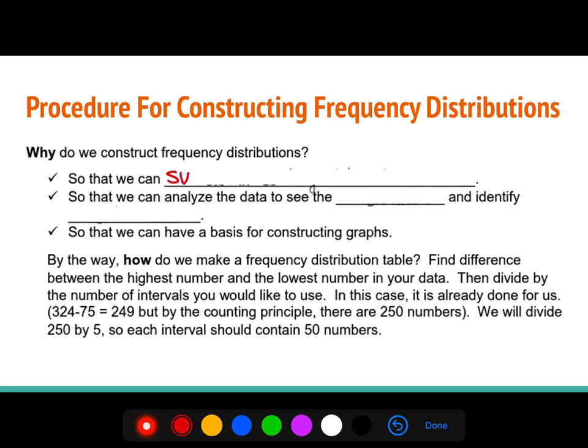Now, how are we going to construct these frequency distributions, and why do we do it? First of all, why do we do it?